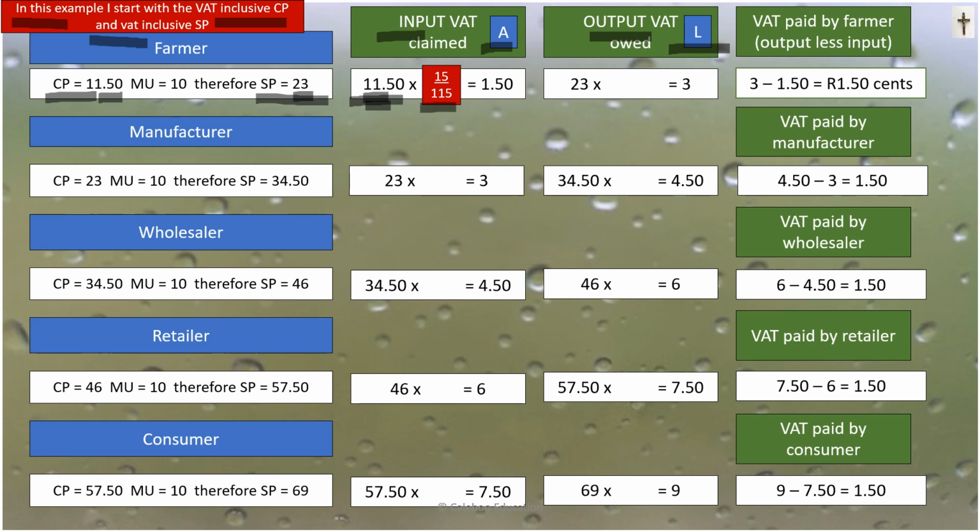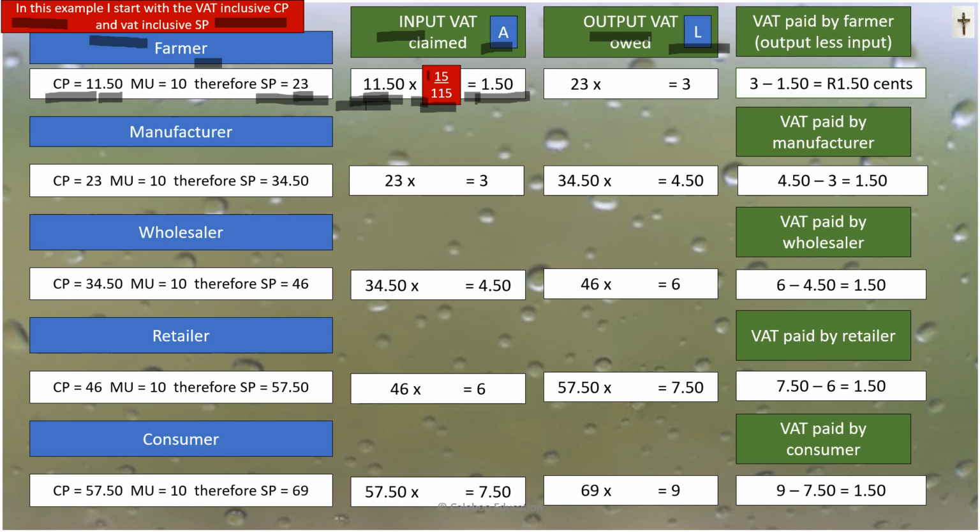So R11.50 times 15 over 115 is equal to R1.50. That is the input VAT that the farmer can claim. We took the inclusive amount, the inclusive cost price, we multiplied by the VAT fraction. Remember, the VAT rate is 15%, so the numerator is 15, and we divide by 100 plus 15, 115, and that is equal to R1.50.